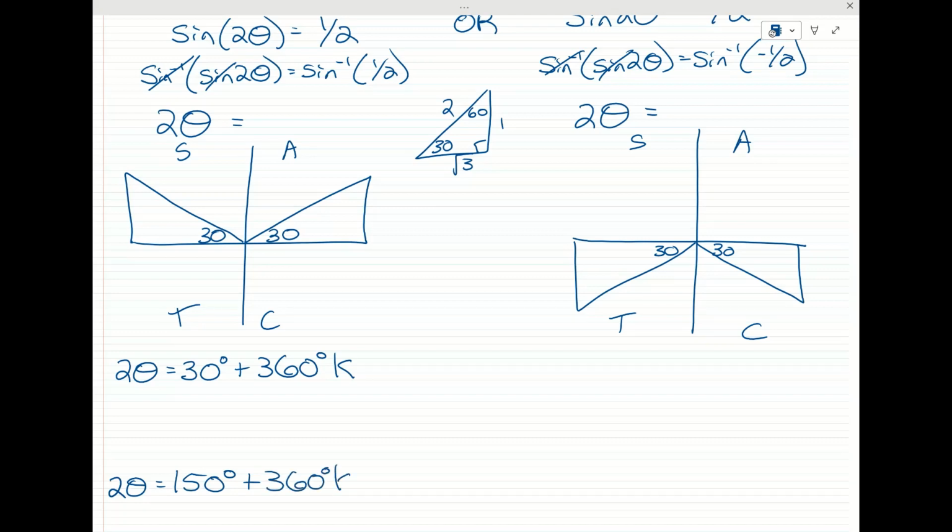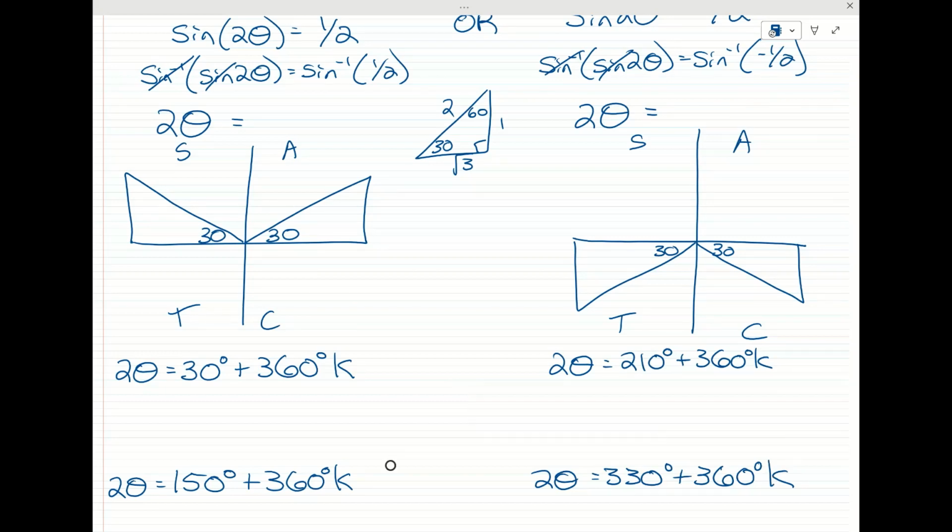We're adding the period because the problem's asking us to find all solutions. Similarly, over here, 2 theta would equal 210 plus the period, and 2 theta would equal 330 plus period.